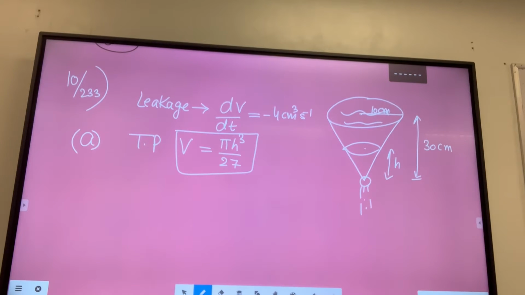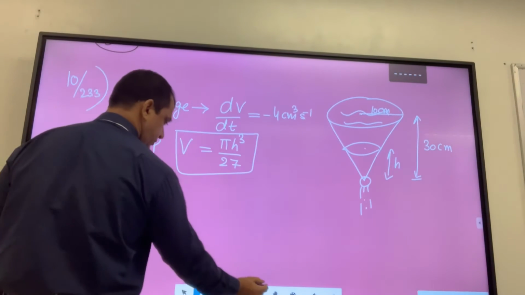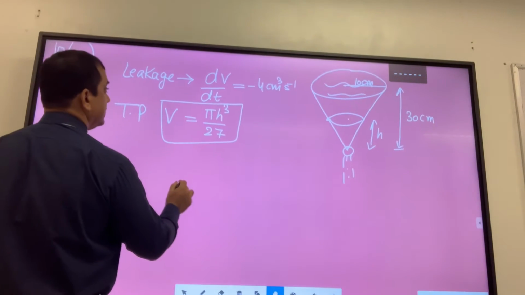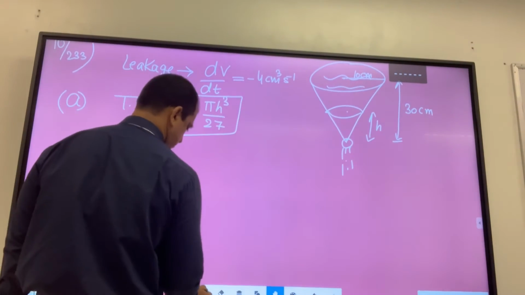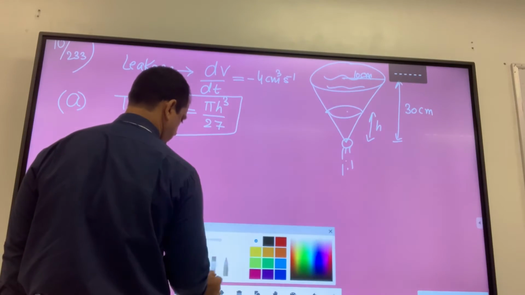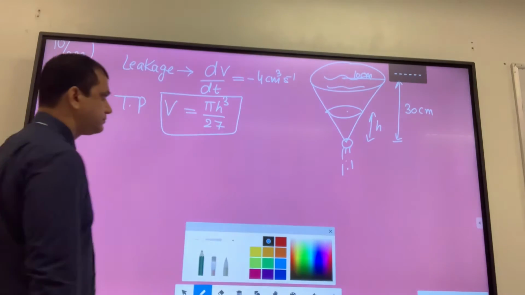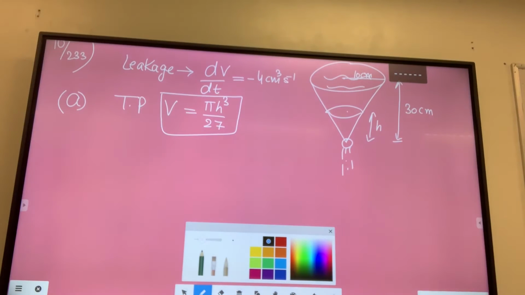Now, what do you think we should do? Any idea? Any suggestion? Now it's a question of volume scale factor versus scale factor. It's nothing connected to derivative, it is IGCSE.